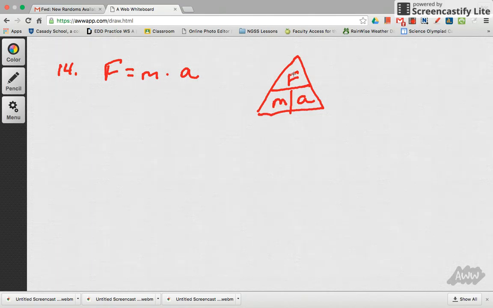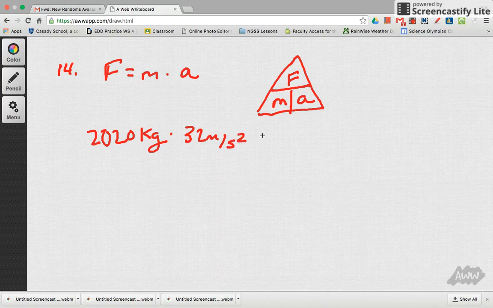And so we're covering up force. It's going to be mass times acceleration. So the mass is 2,200 kilograms. And that unit is fine because force is measured in, right, newtons. And a newton is a kilogram times a meter per second squared. We multiply that by the acceleration, which we said was 32 meters per second squared.